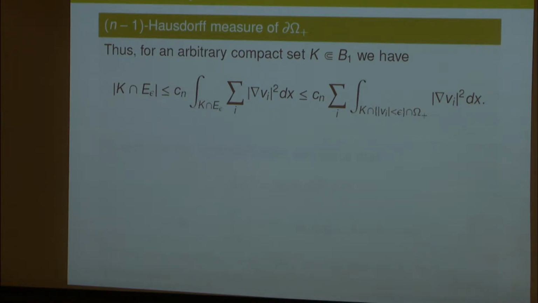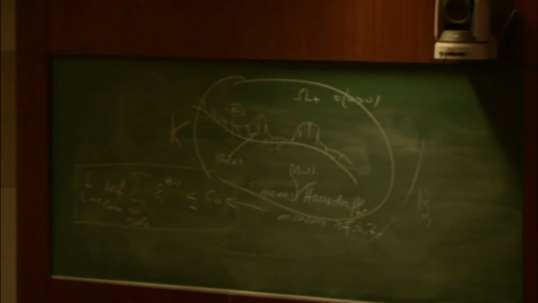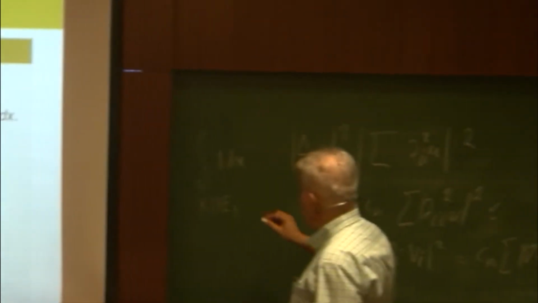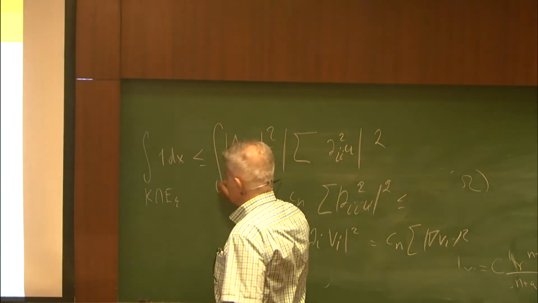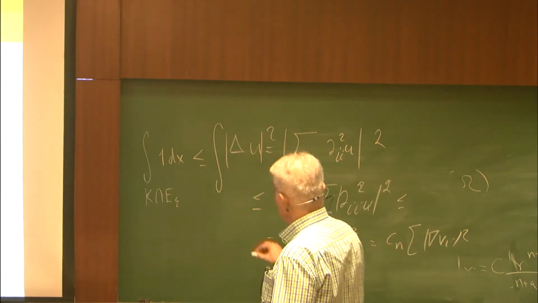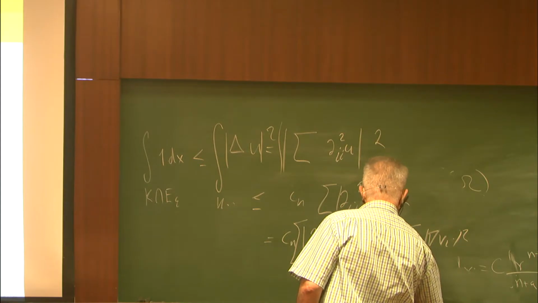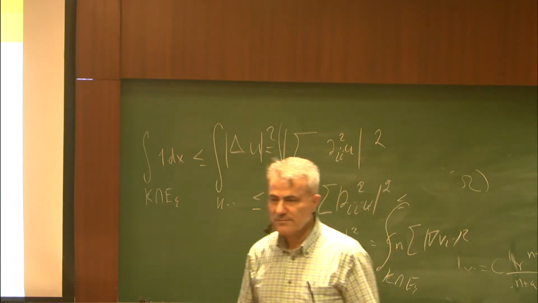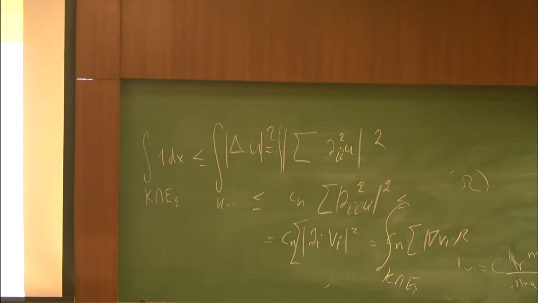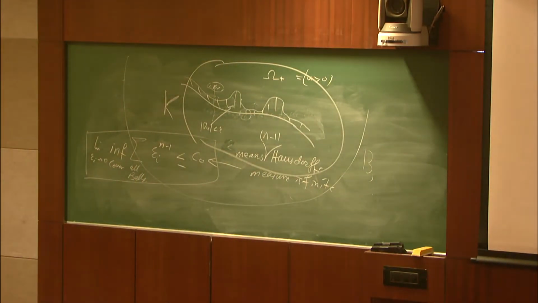Yeah. So it's K intersect E epsilon and 1. That's the volume of it. And I'm saying that this is less than this because Laplacian of u is 1. So it's the same thing. And then you go on, and then you get this. So what I do, I take the volume and I use that Laplacian is 1 in that set, and then I use that estimate and get to a point that is reasonably good for me to work.